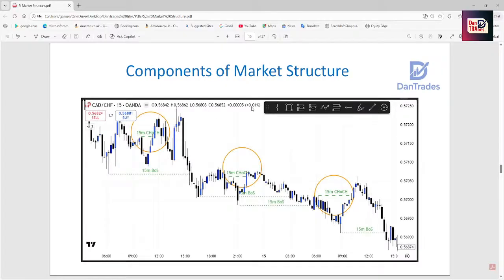Change of character. So yes, I'm showing you some change of characters. These are mini change of characters. Now, if you look at this very well, there are mini change of characters. There's a slide from last year. I'll try and update it, but these are mini change of characters. We don't really pay attention to these anymore, these little change of structures, because we want significant change of structures, change of structures that are going to affect the market.